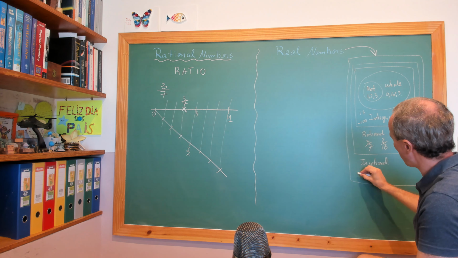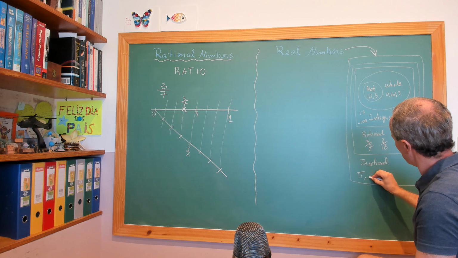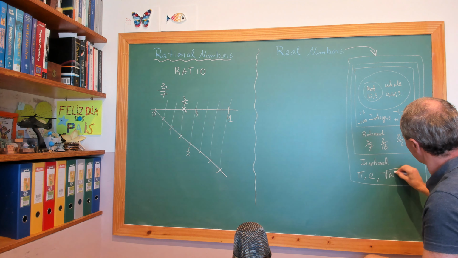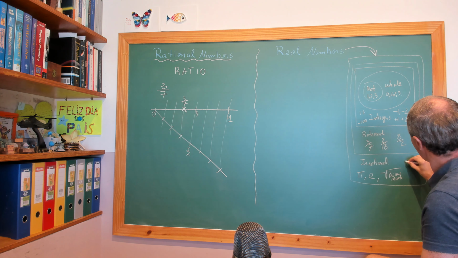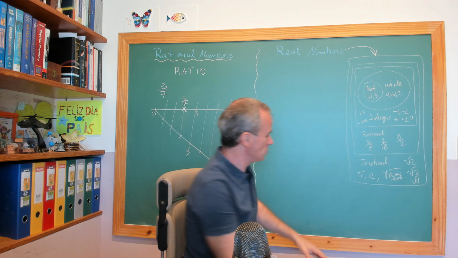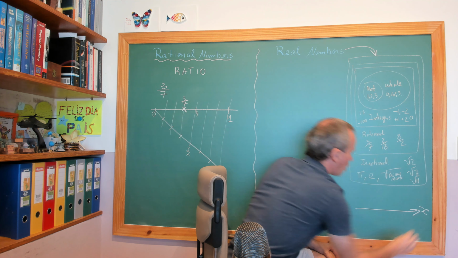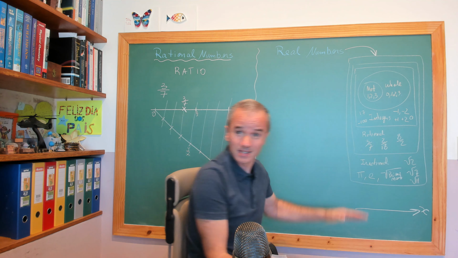And among the irrational, we have pi, e, and every square root of a prime number, like square root of 2, square root of 7, square root of 11, square root of 19, whatever. So the irrational numbers are numbers that are still on the x-axis, but they are none of those.